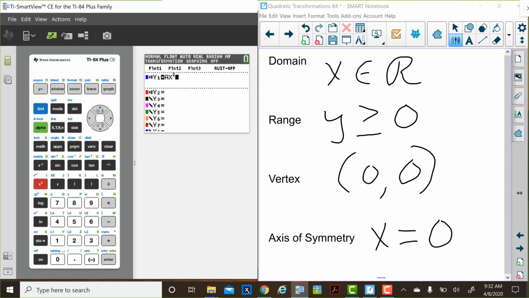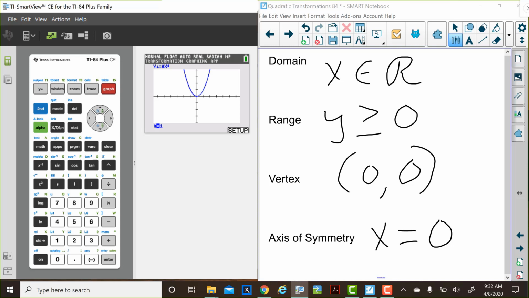If a is equal to 1, of course, this is the parent function. When we graph, the value of a is currently 1, but had it not been, you can simply press 1 on your keypad, followed by enter, and the a value will change to the number 1. So that's pressing a number on the keypad, followed by enter. So right now we have the parent function.